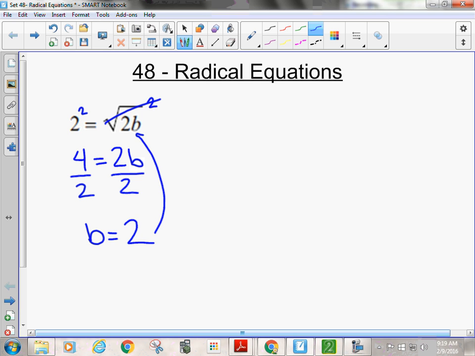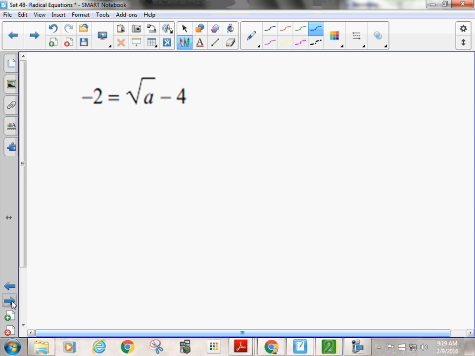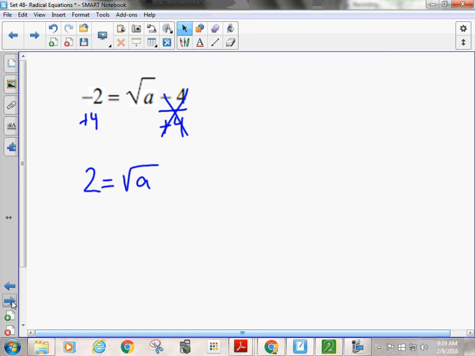All right, so if we look here, our square root is not isolated. This plus 4 is not included underneath the radical. So minus 4. So we need to get rid of that. So we're going to add 4 to both sides. So this is going to eliminate. Negative 2 plus 4 gives us 2 equals the square root of a. Okay, so our a is the only thing that's under the square root.